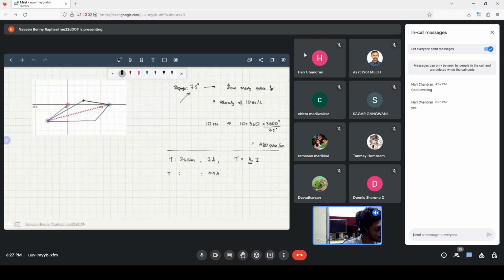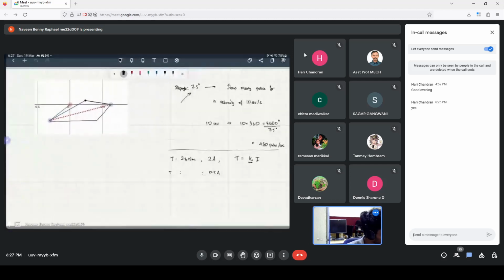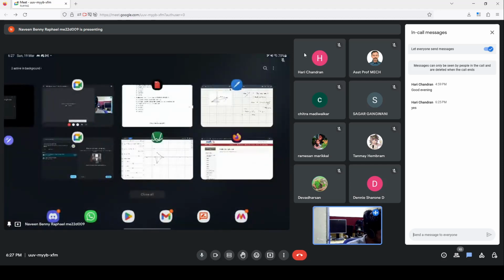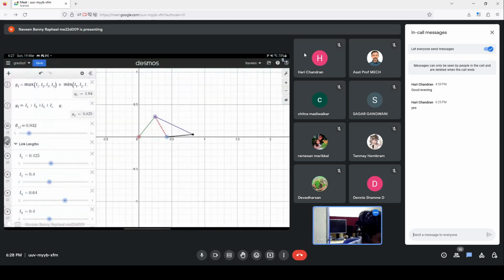And then we looked at some questions about Grashof's criterion, and I spent a little bit of time making this cute little animation to show how Grashof's criterion works. Essentially, what Grashof's criterion says is, if the sum of the max and min link lengths is greater than the sum of the other two, then pure rotation is not possible.